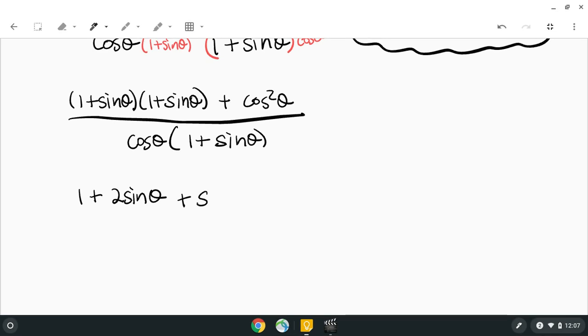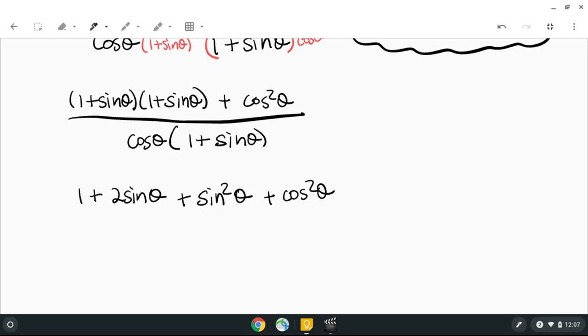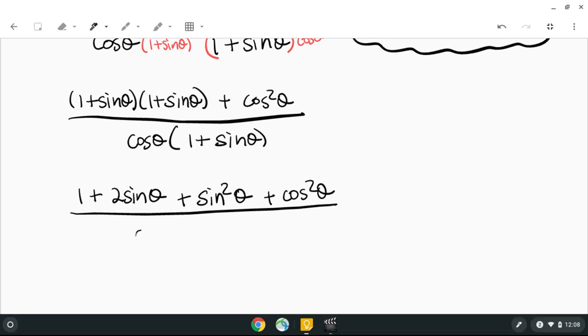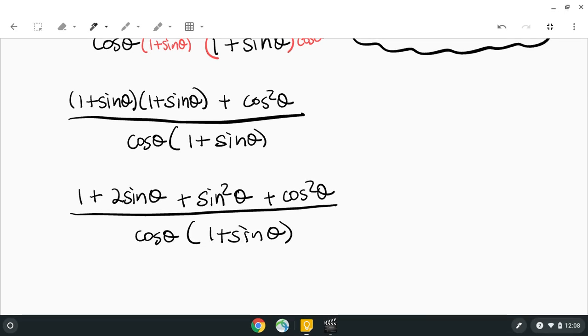If you don't know how to square a binomial, then just FOIL that all out. 1 times 1, 1 times sine theta, sine theta times 1, sine theta times sine theta. Plus cosine squared theta all over cosine theta, 1 plus sine theta.